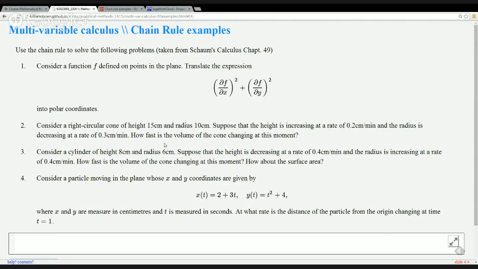And so what's r? r is the square root of 25 plus 25, square root of 50. But 50 is 25 by 2, so it's 5 by root 2.